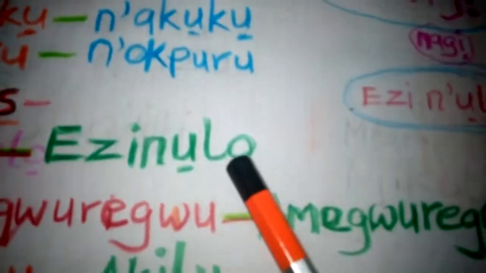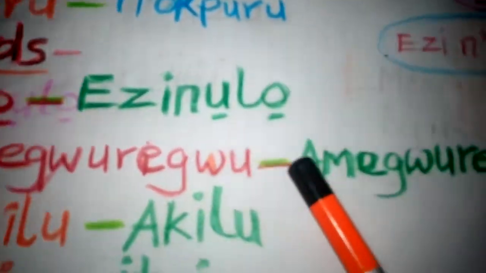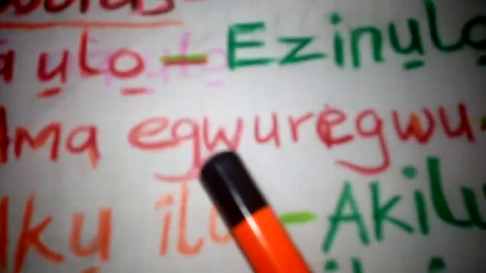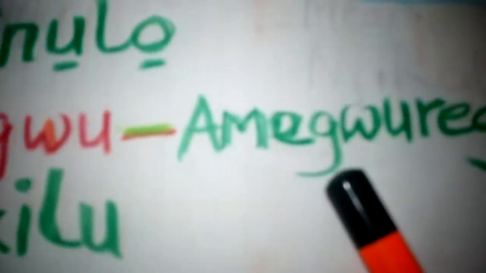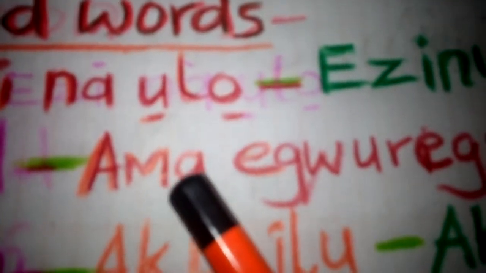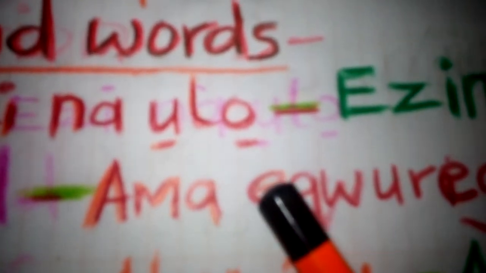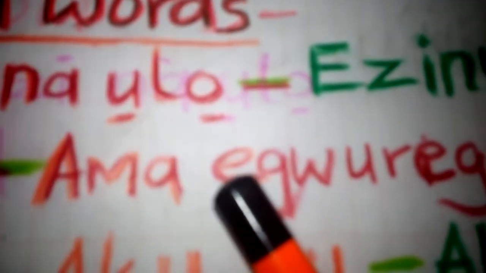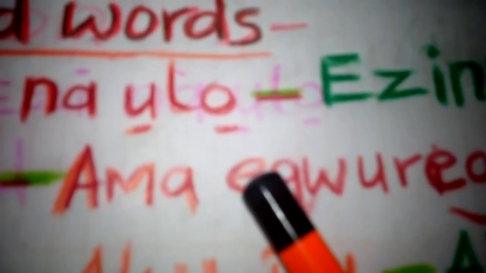Okay, so how do you mix to form a compound? Ama egwuregwu. So you mix it, you put it here like this. Ama egwuregwu, amegwuregwu. Okay, you drop a. Okay, there is a vowel here, there is a vowel here. Okay, the end of the first word and the beginning of the second word.